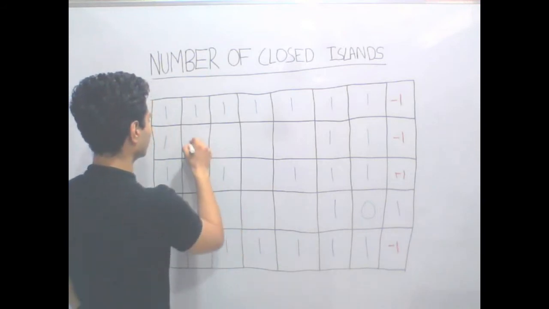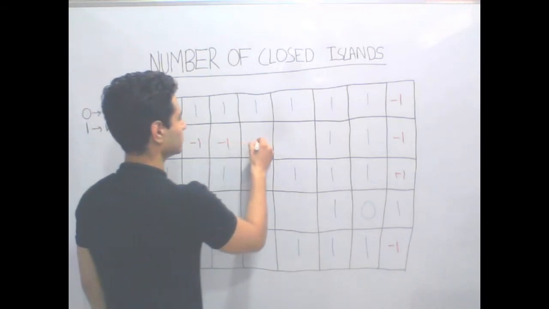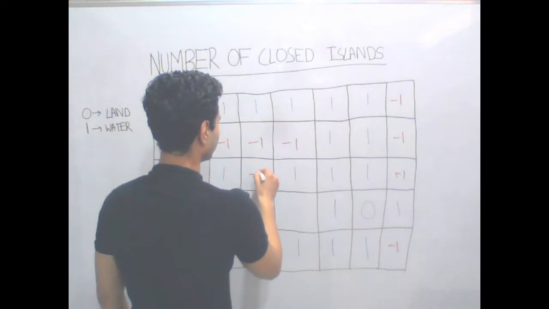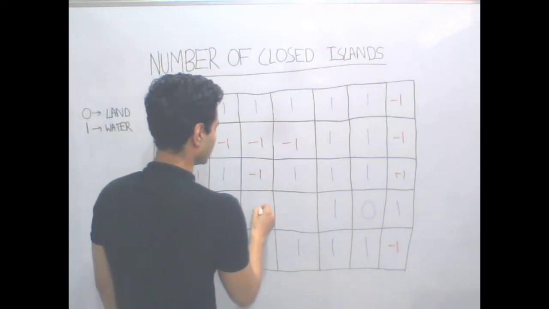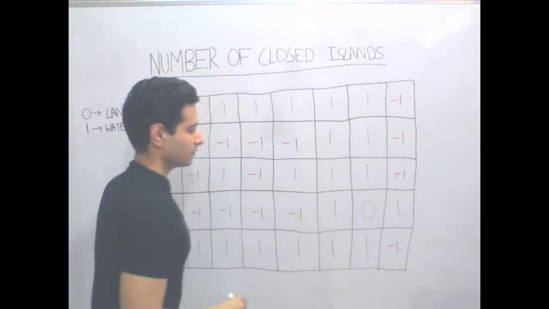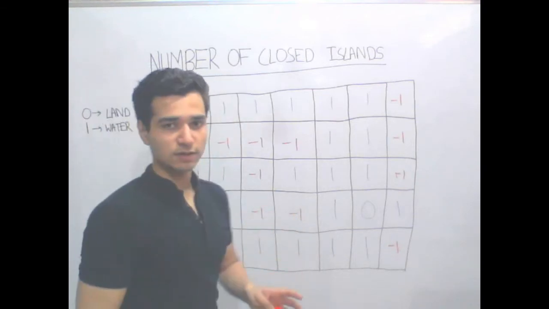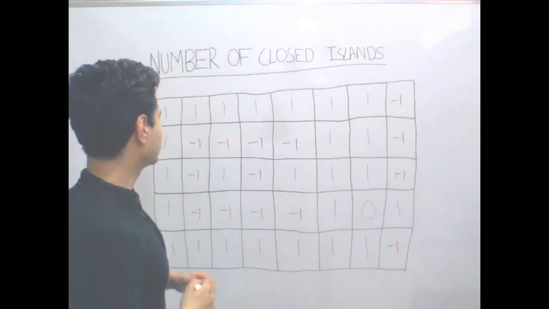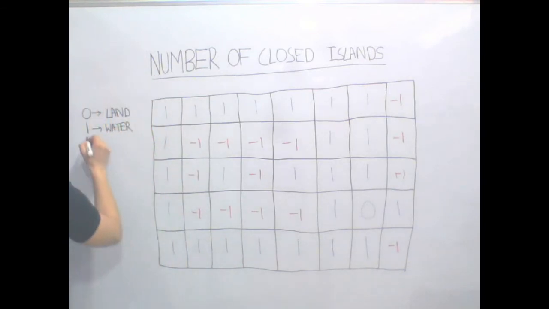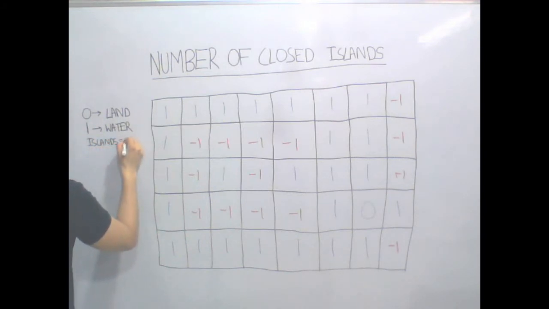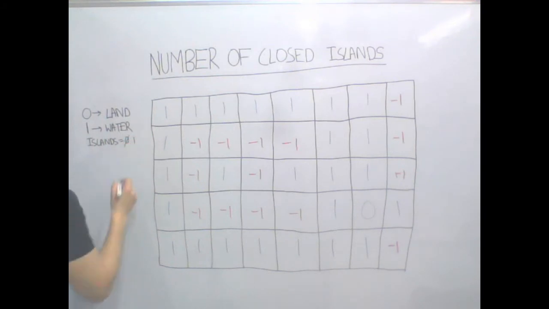So all of these nodes we have visited in our second DFS of the graph. We can have a result variable for islands, earlier it was 0, now it is 1.